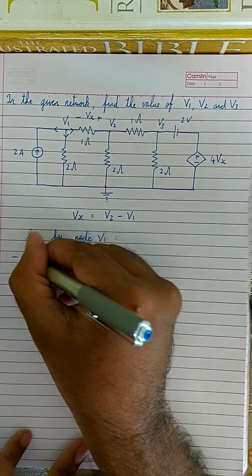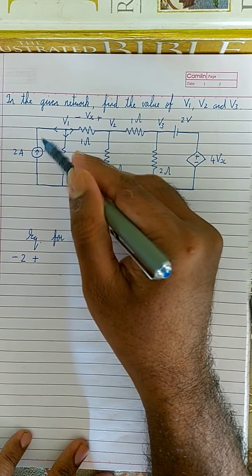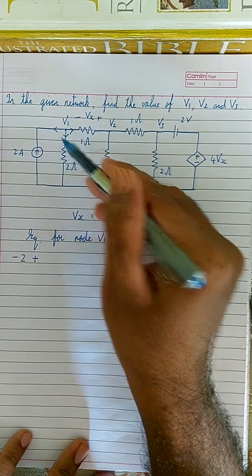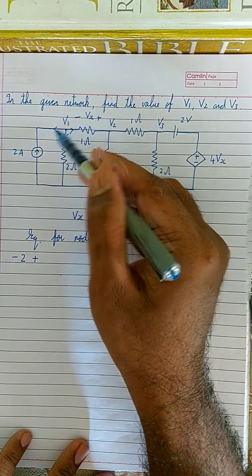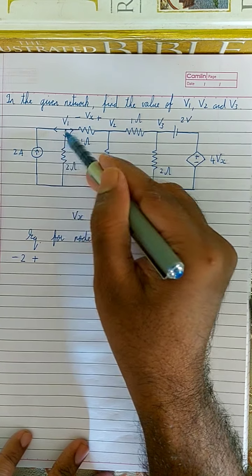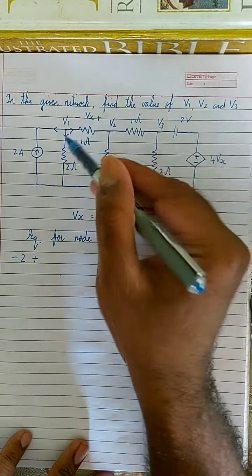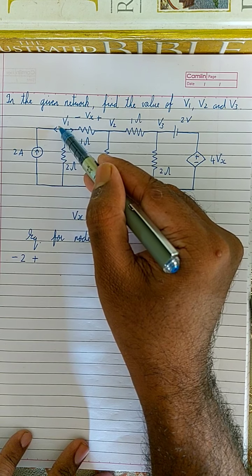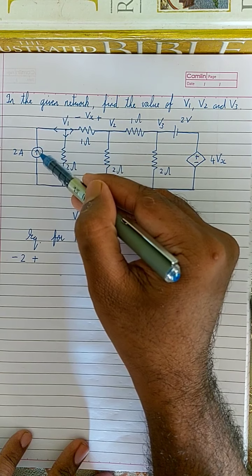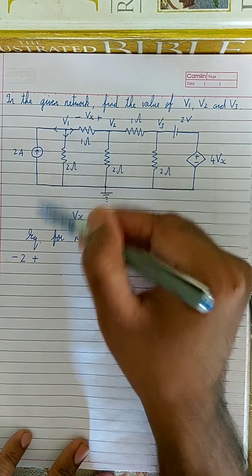So the first term is minus 2 amperes because this is an incoming current. All outgoing currents are considered as positive, whereas incoming current is considered as negative. This current is going into the junction, therefore it is minus 2. Or, another way of explaining it: you are assuming an outgoing current flowing in this branch, but this 2 amperes is going into it, opposite of this current. That's why it is minus 2.